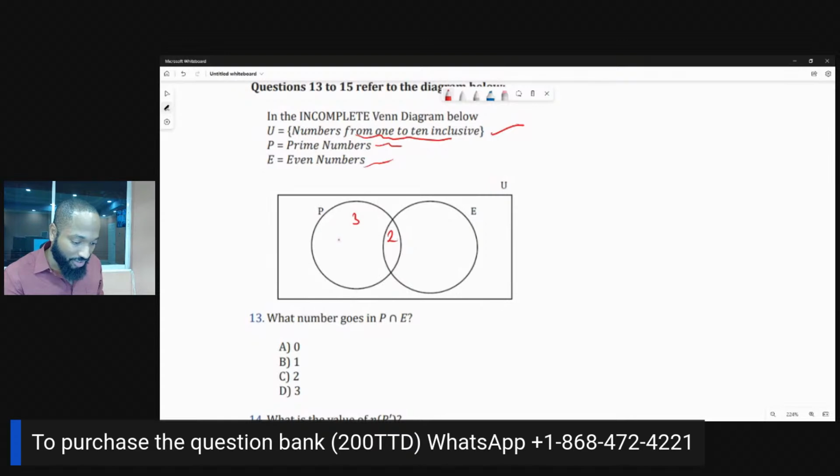Other prime numbers will be like 3, 5, not 1. 1 is not a prime number. 1 is the multiplicative identity, so it's not allowed. So 2, 3, 5, 7, not 9. And even numbers will be like 2, 4, 6, 8, 10 inclusive, and then you could put 1 on the outside here, and you could put 9 on the outside here. So one number goes in P intersect E. They didn't ask how many go in. This time they asked what is the number that's going in there, and the number is that.